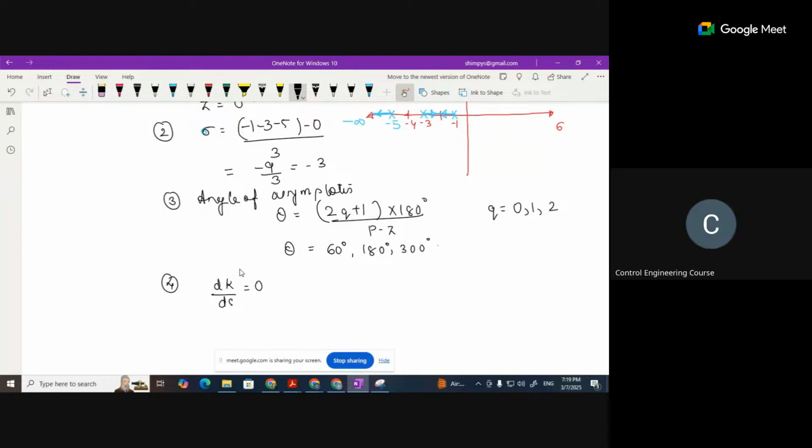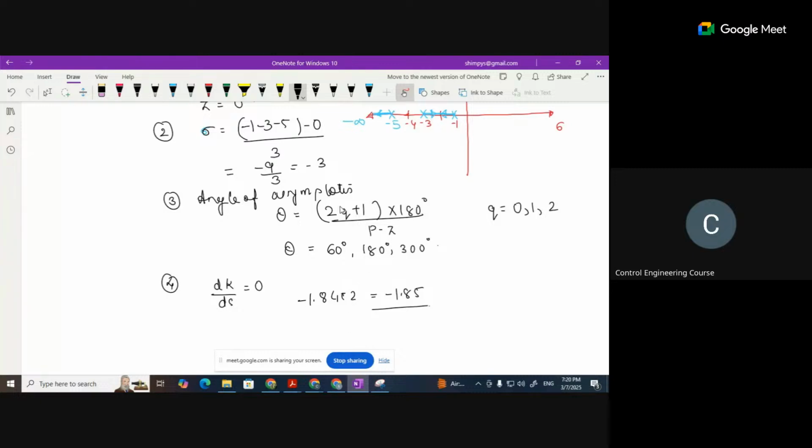Absolutely correct. The breakaway point will come out to be minus 1.8452. Can I write this as minus 1.85, rounding it off?